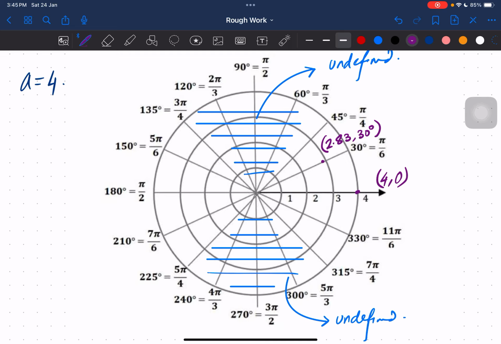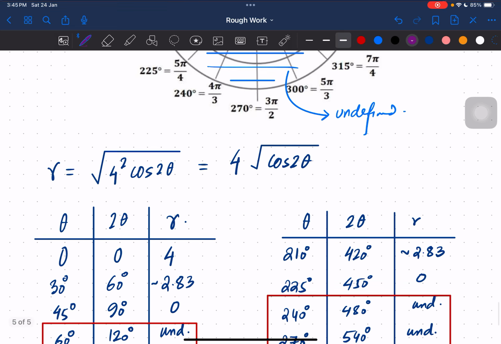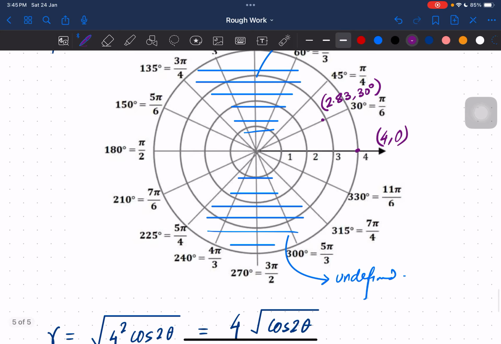Right, and then again at 45 it is 0, so it is again coming back here.